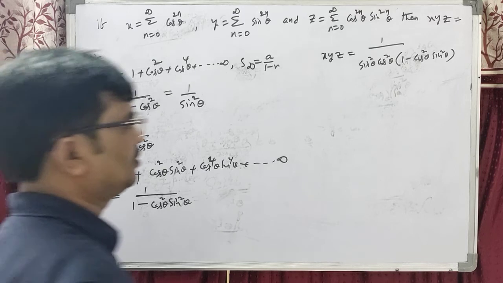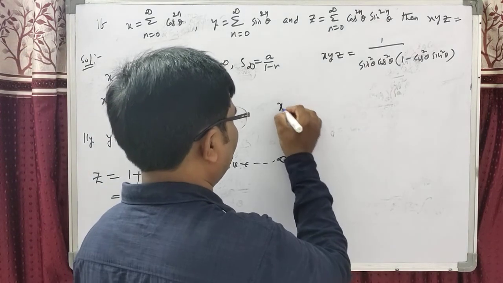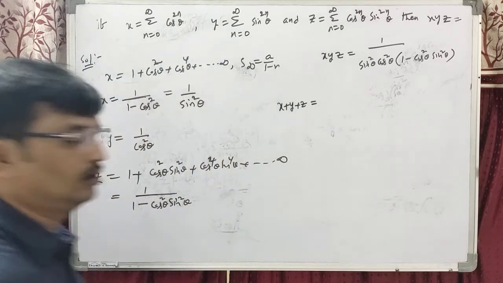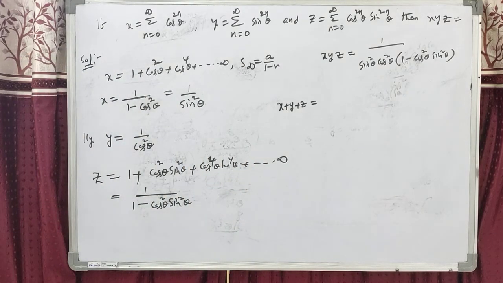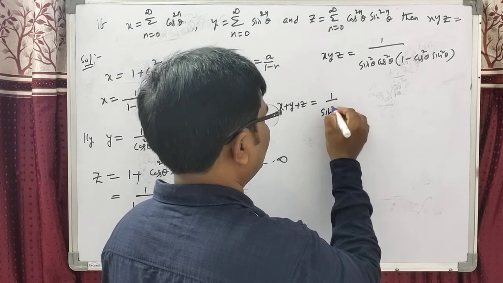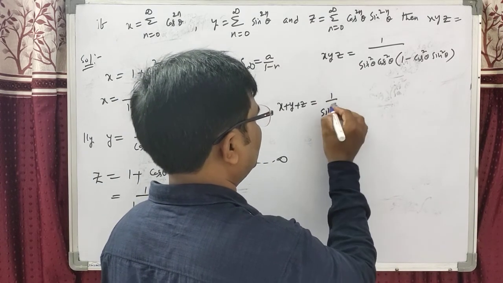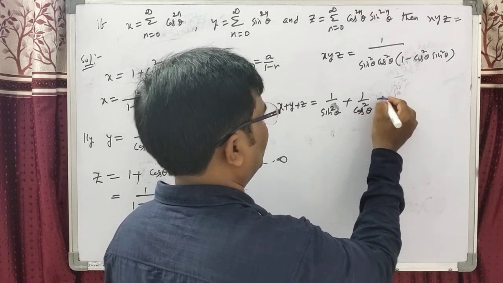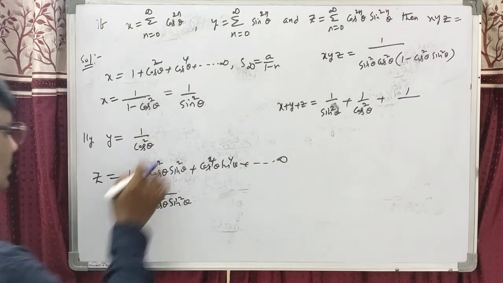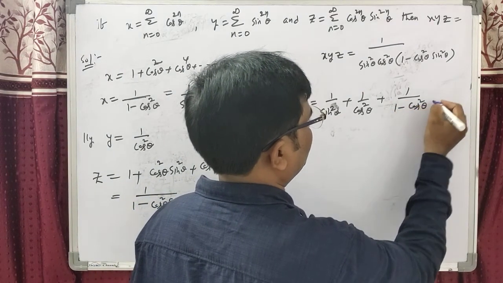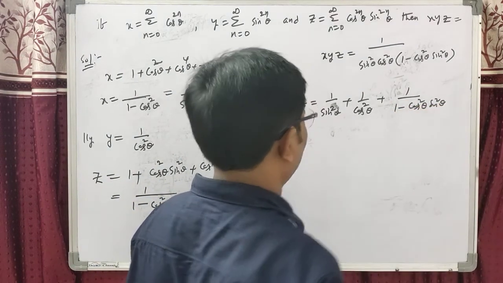Dear students, another observation from the options: x plus y plus z. What is x plus y plus z? x is 1 by sin square theta, y is 1 by cos square theta, and z is 1 by 1 minus cos square theta sin square theta.